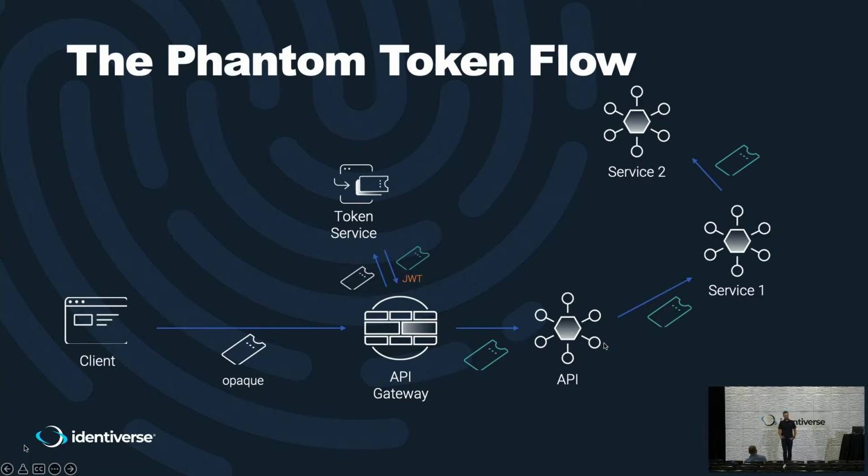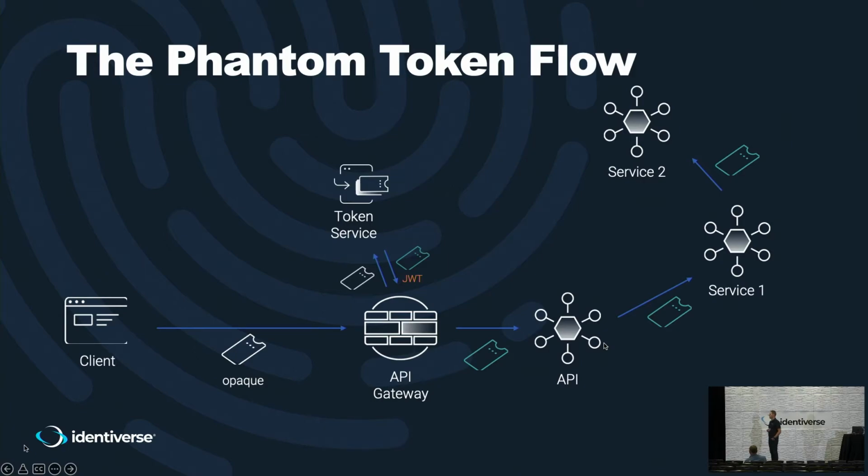So the API gateway receives the request. It doesn't have to be an API gateway. It could be a reverse proxy, or it could probably happen within the API itself. The API gateway gets the opaque token. It introspects the opaque token, and in return, in the response, gets a JWT. In the Curity world, this is really easy.